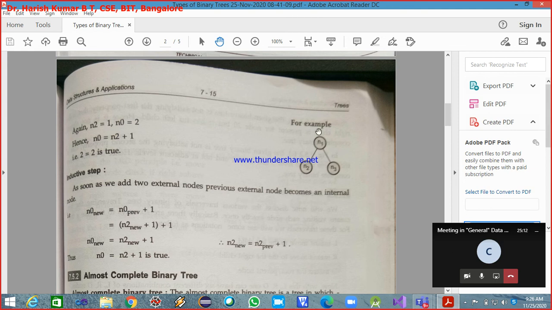This was the only node earlier, the only previous node, and the count of the leaf node or the external node was 1. Now after adding these two new, this N0 previous can be written as N2 new plus 1. Correct? So this was N0 previous. Hope people are following? I think I can write and show you. Yes, sir. One second.